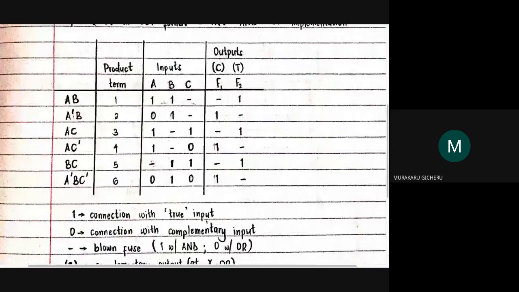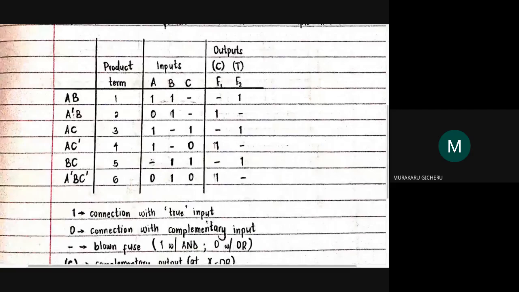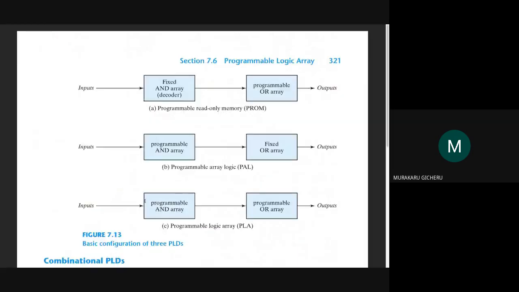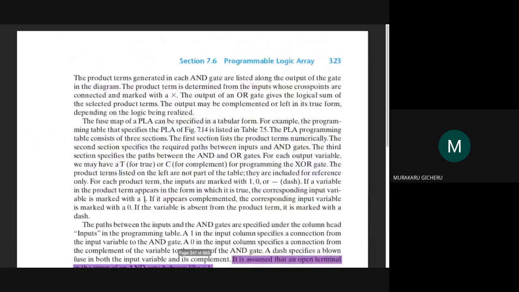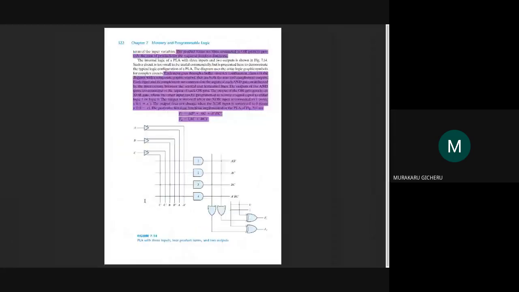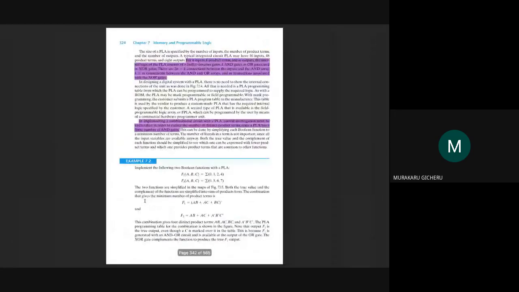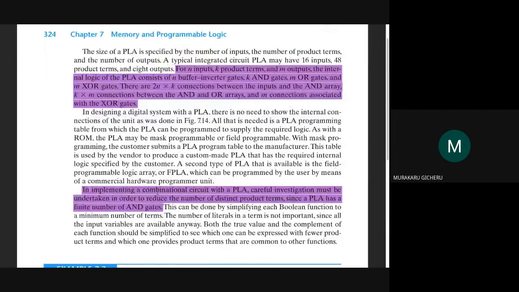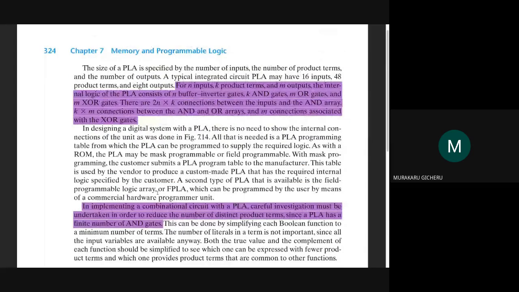Now here we go to the table, and before we go here, let me look for some piece of information. Yes, this highlighted part: for n inputs, k product terms, and m outputs, the internal logic of the PLA consists of n buffer inverter gates, k AND gates, m OR gates, and m XOR gates.